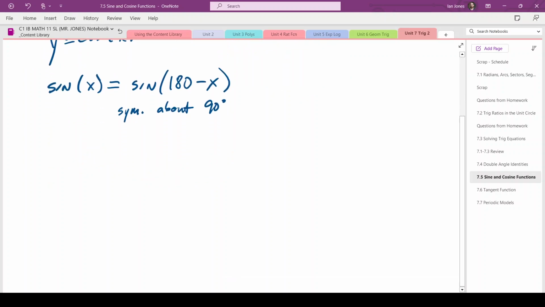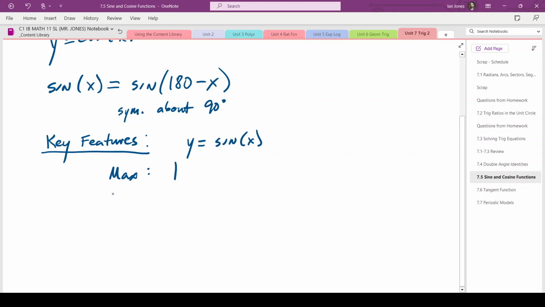Let's look at a few key features here. Key features of y equals sine of x. What do we notice? Well, first of all, the max. The max is 1.